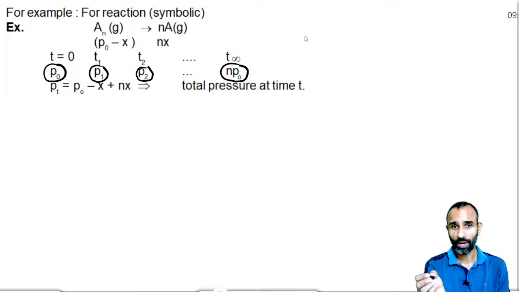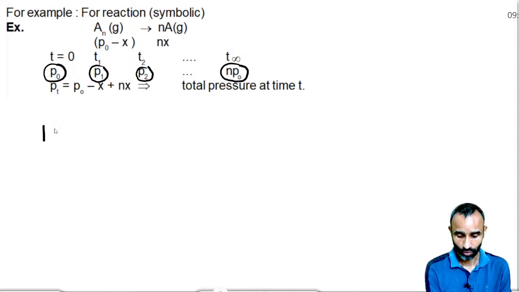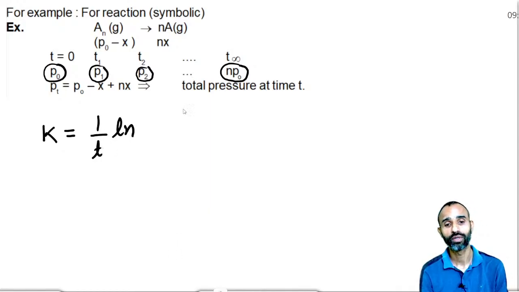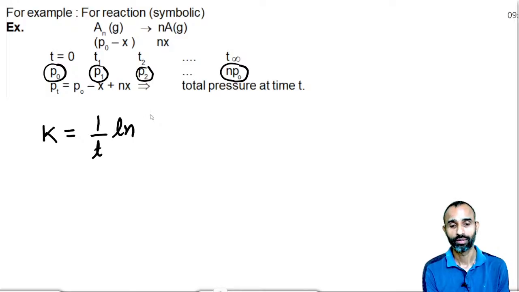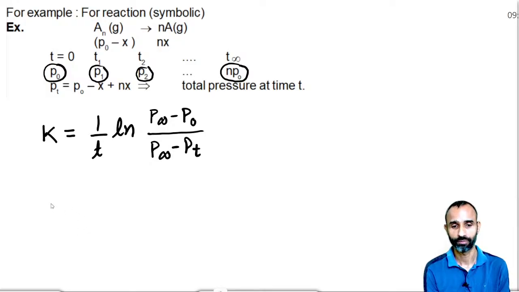So let us apply the formula. If you remember, k equal to 1 upon t natural log of P infinity minus P naught divided by P infinity minus Pt.